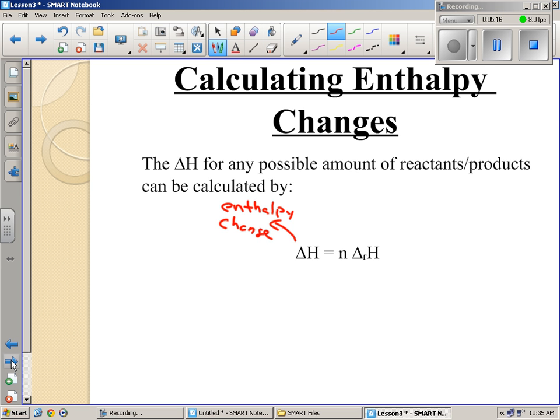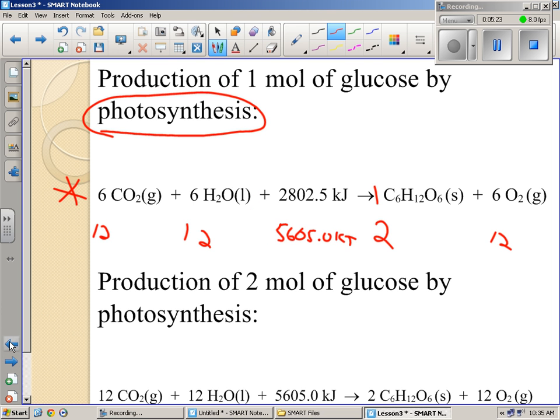This represents the entire equation, delta H, right? Look back here, delta H. 5605 is the delta H, the change for this particular reaction to take place, okay? This here represents for that particular equation, the entire equation to take place, we need that much energy. That's the delta H, the enthalpy change, right? Okay.